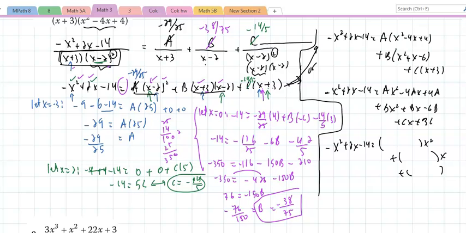So, if I look for what's going to go in front of x squared, that is a plus b. That's it. And if I'm going to go for what goes in front of x, negative 4a plus b plus c. And if I go for the constant, 4a minus 6b plus 3c. And out of this they come up with 3 equations.